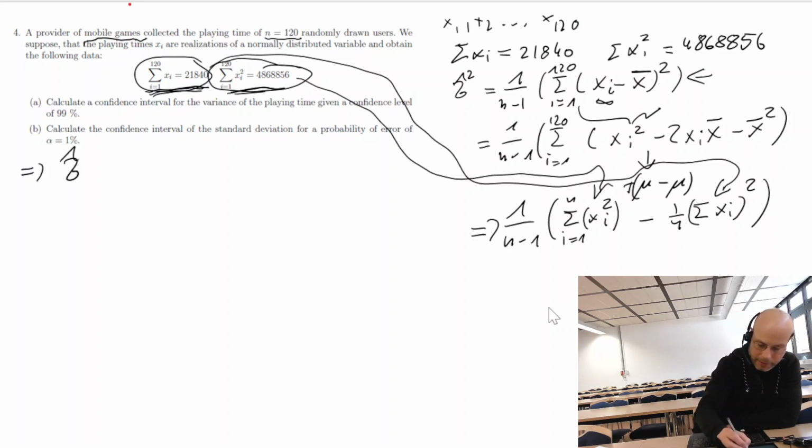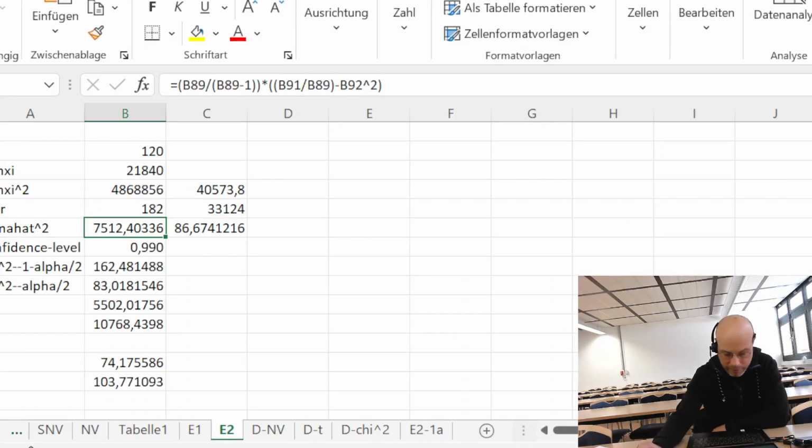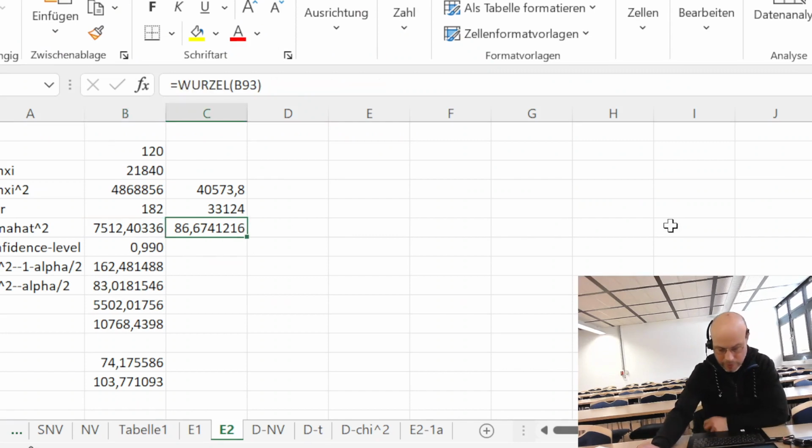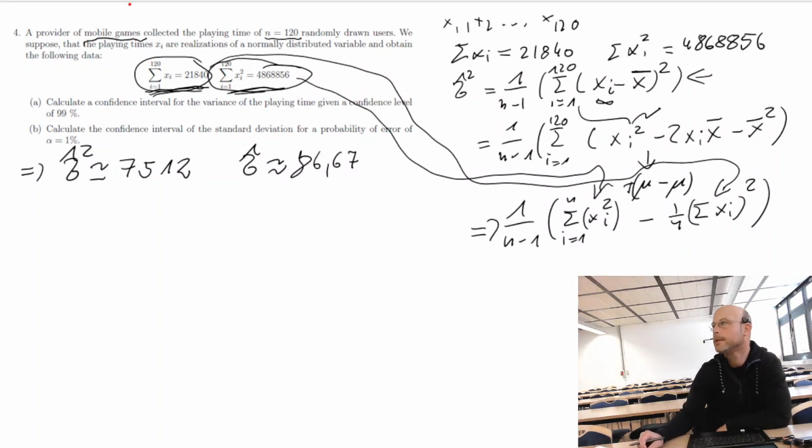Then sigma hat squared is more or less 7512, and let's also write down the standard deviation. This is then given by 86.67. This, of course, you can also just do with your calculator.